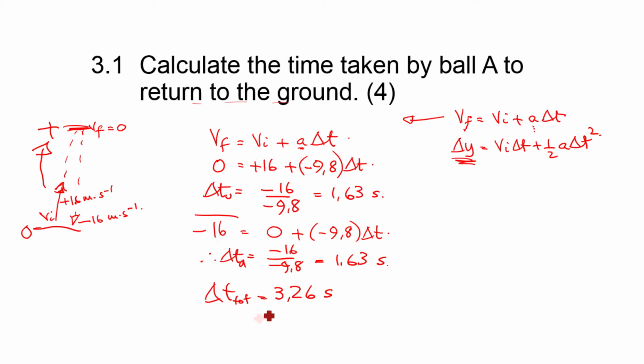But something I can do here: this is taking the up trip, and this is taking the down trip. But I can do the up and down all in one, because what I know is that the initial velocity is going to be upwards plus 16.